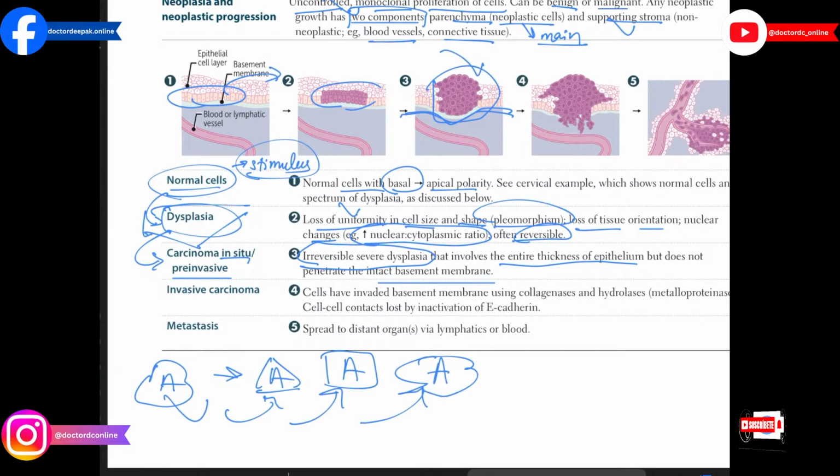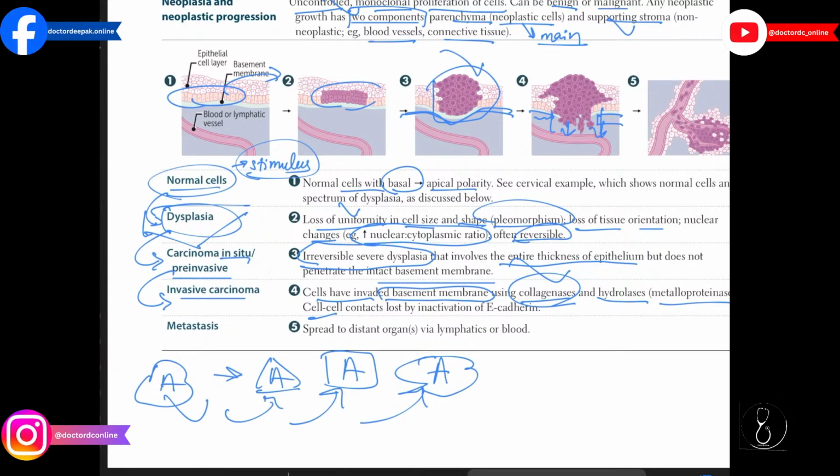If you do not treat it, it will become invasive carcinoma, in which the cells have invaded the basement membrane. The basement membrane is disrupted with the help of enzymes like collagenase, hydrolases, or metalloproteinases. The basement membrane is made of collagen, and the collagenase enzyme disrupts it, so the cells invade different parts of the organ and also the blood vessels.